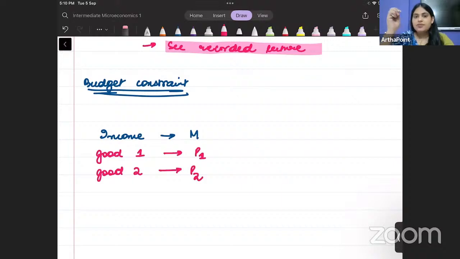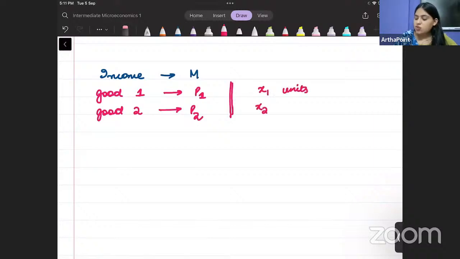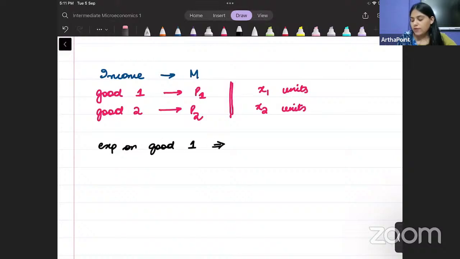Can you tell me what is going to happen? How much can this consumer consume? Look. Let's say that the consumer consumes X1 units of good 1 and X2 units of good 2. But what will be the expenditure on good 1? How much is being spent on good 1? The expenditure on good 1 will be P1 into X1.